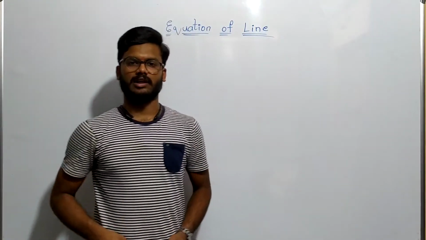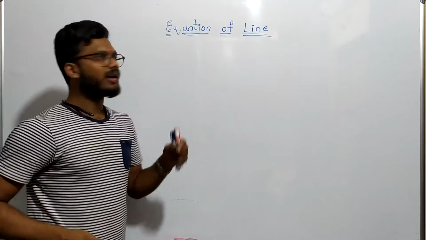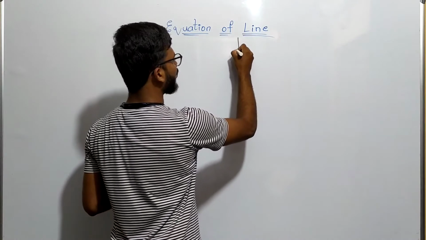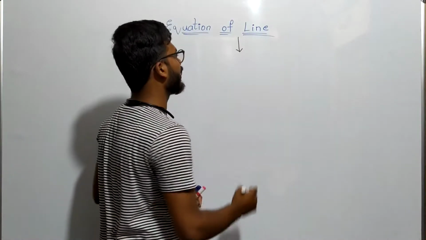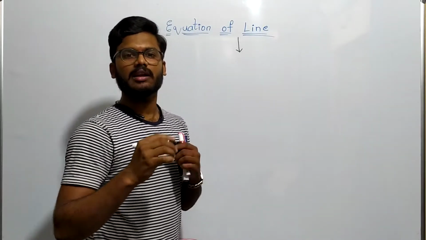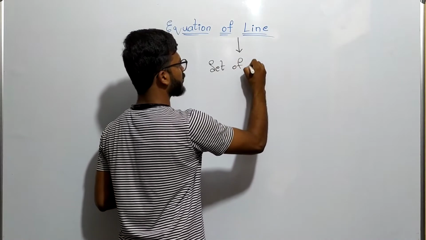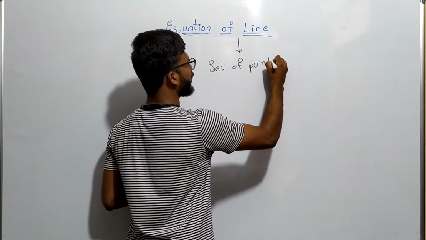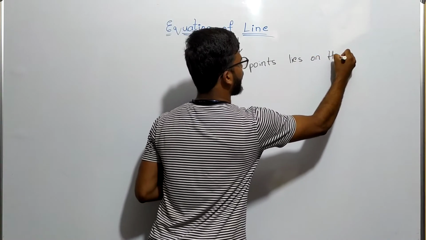Now coming to this concept, the equation of a line, what does it represent? Any equation of a line is a linear equation, and each and every equation represents the set of points that lie on that line.